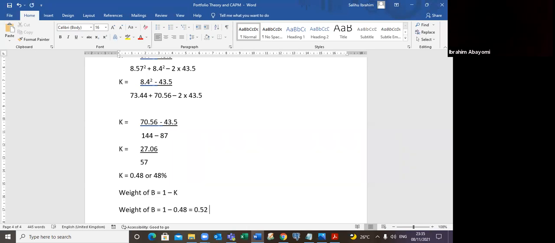0.52, or 52%. So what does that mean? It means for me to construct a portfolio that will have a minimum risk, I must invest 48% of my money in investment A and 52% of my money in investment B. This will give me the minimum risk of my portfolio.